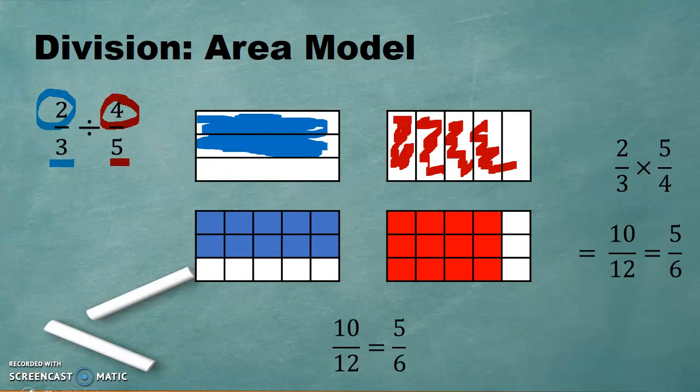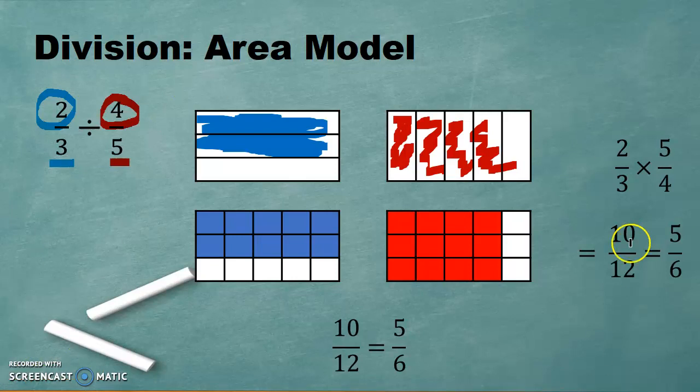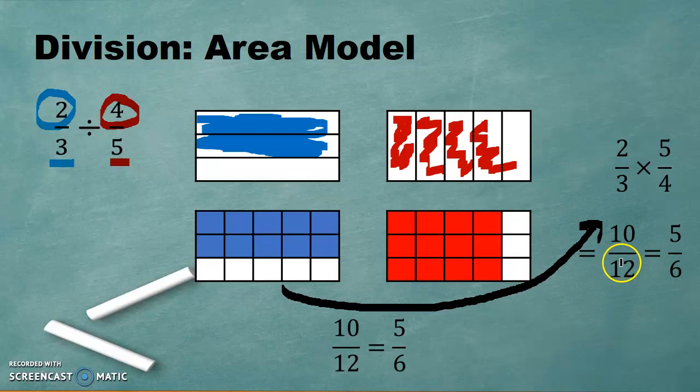Now, an easy way to solve this equation is to count up how many of these blocks are shaded in the first rectangle. So this rectangle tells you the numerator of your quotient. So we have 1, 2, 3, 4, 5, and 5 is 10.